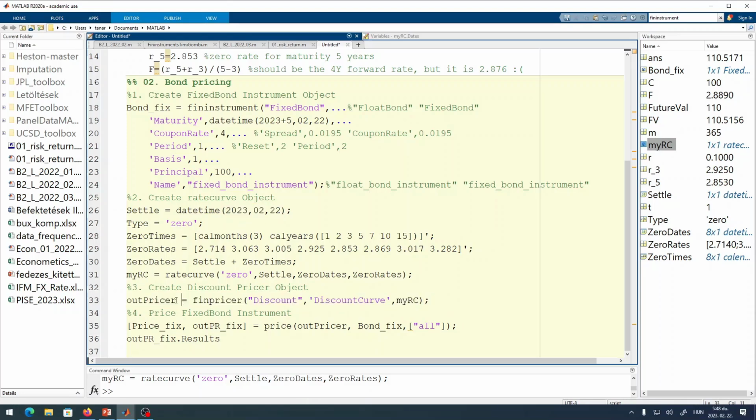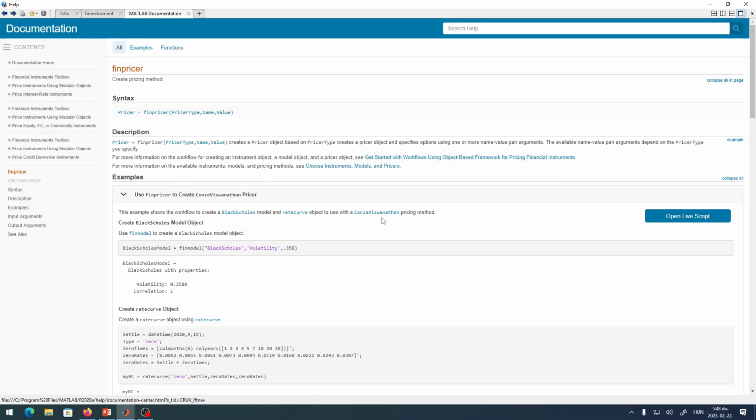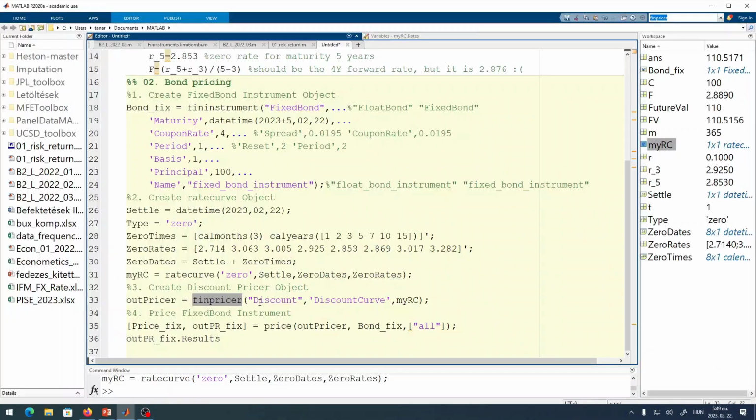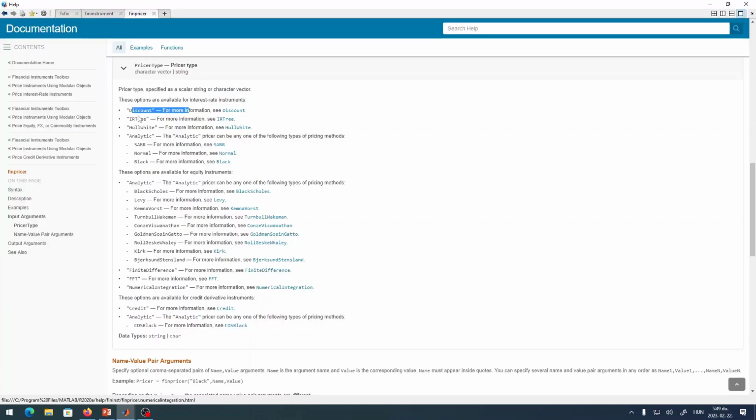Yeah, and after that, there is the fin pricer. First of all, let's check the fin pricer, because it's also quite a general function, so it's not created only for this task. That's the benefit of the financial toolbox. The pricer type, right now we are using it for bond pricing, but it can be, what is the IR tree?